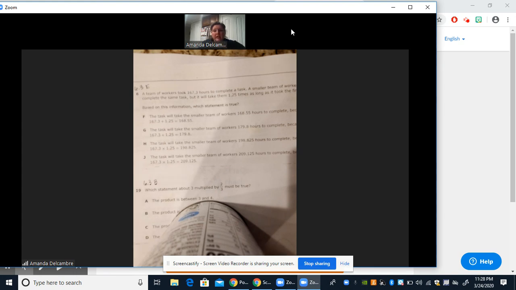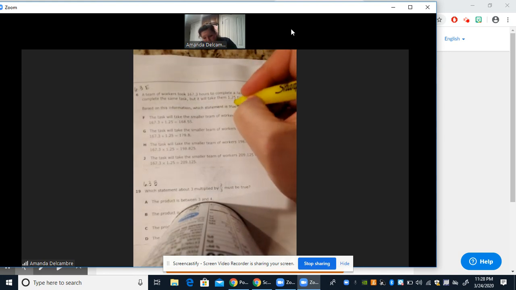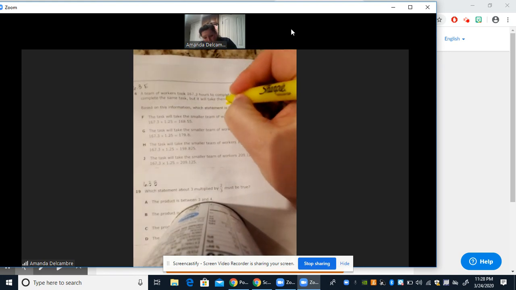Okay, let's look and try to find some clue words here to figure out what I'm going to be doing. All right, there is a keyword there. Look for the keyword to tell me what operation I'm going to be doing. If you haven't figured it out, it's in the second line here.